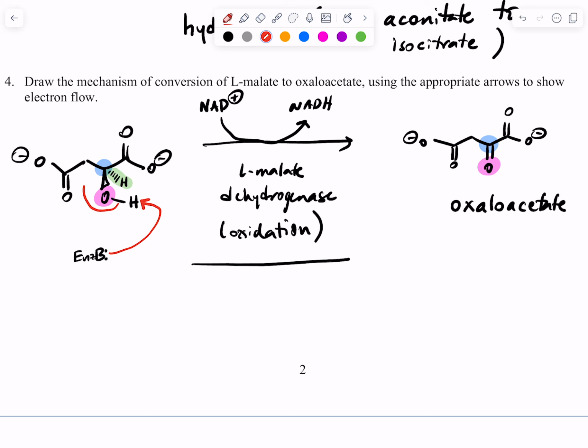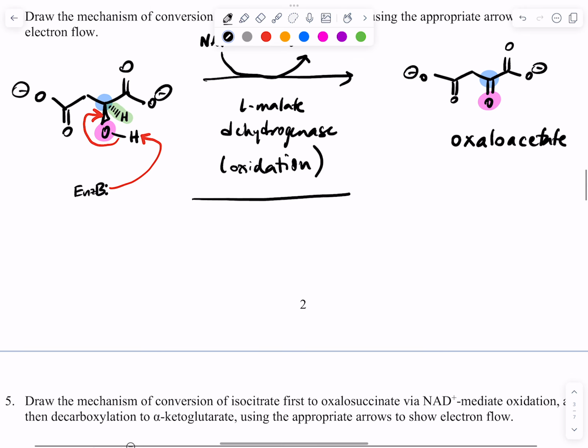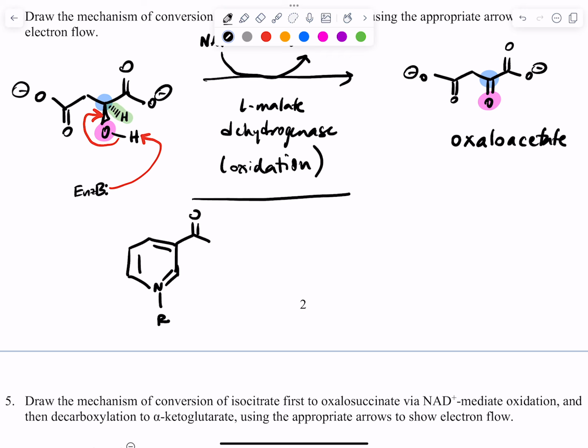Electrons are going to kick down then to form the pi bond. Hydride's got to leave, and it's got to go somewhere. H- is a terrible leaving group, so it can't really leave on its own. It needs to be received directly by NAD+.